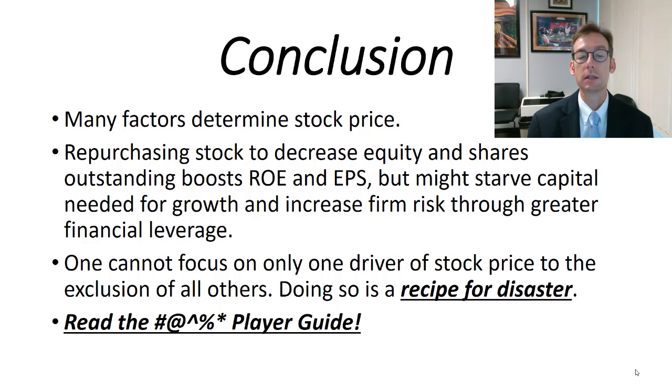And that boosts the ROE and EPS, but they might be starving themselves of the capital that they need to grow, thus cutting into their G. Or if they are just filling in for that money using debt, they may be increasing their firm risk, increasing the required return, both of which can hurt their stock price. So you have to be careful and not focus on only one driver of stock price to the exclusion of all others, because doing so is a recipe for disaster.